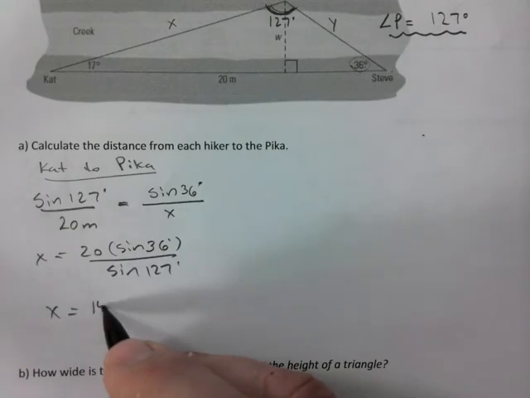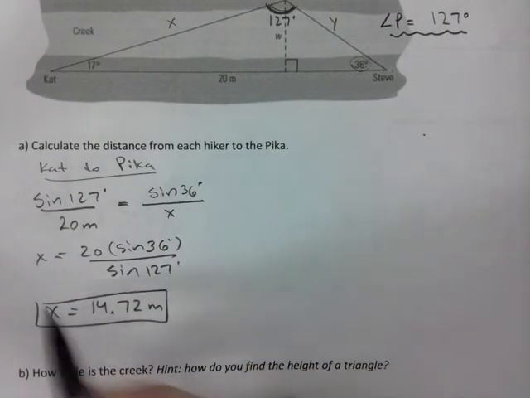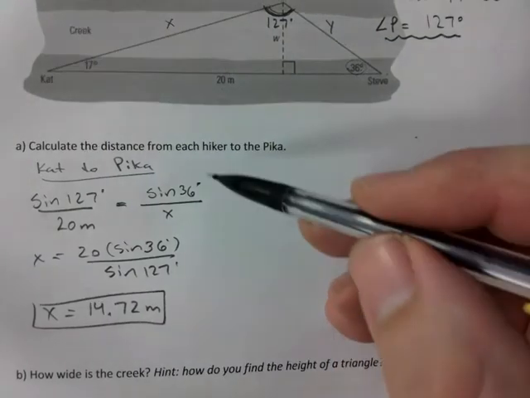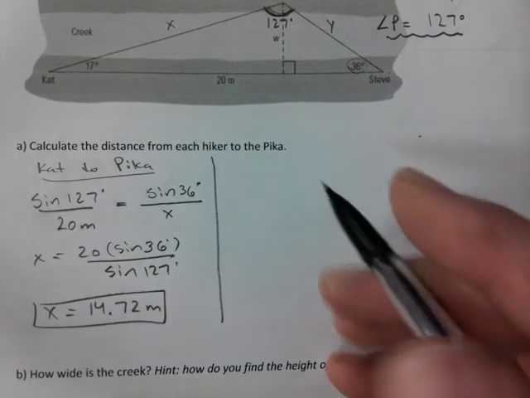And I get 14.72, and we are in meters. So that would be the distance from Kat to pika. Always make sure to add variables into the diagram if they're not provided.